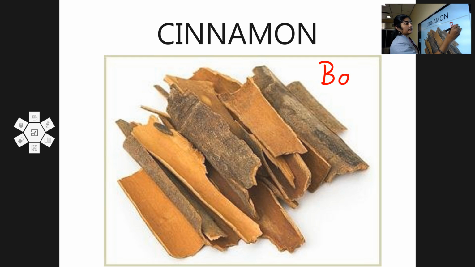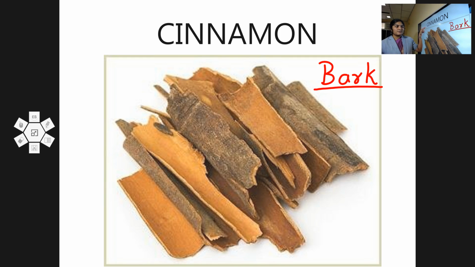The inner bark of the plant is used as a spice here. Do you know what bark is? When you consider a plant or a tree, which part is the bark? The outer layers of the stems and roots of woody plants are called bark.